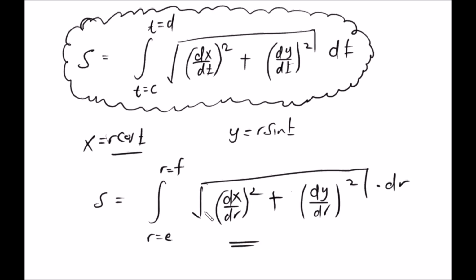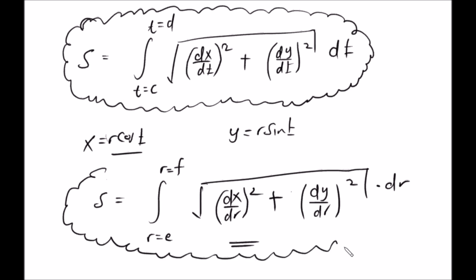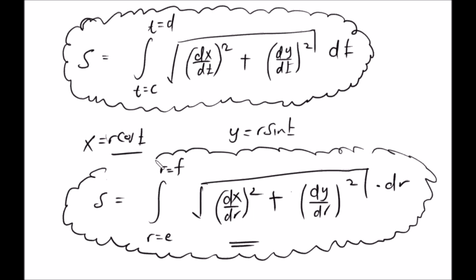So hii pia ni formula. So you can choose any letter, you can choose r, you can choose t, or any letter to which x is expressed in terms of or y is expressed in terms of. So this is how you find the length of an arc through parametric equation. So tuende kwenye examples.